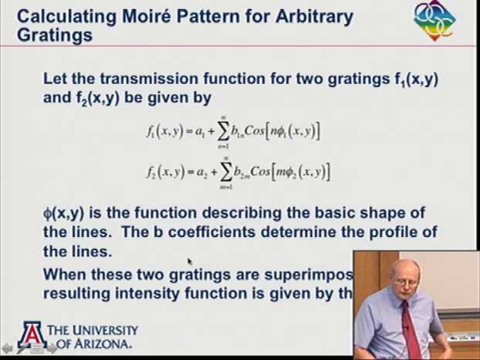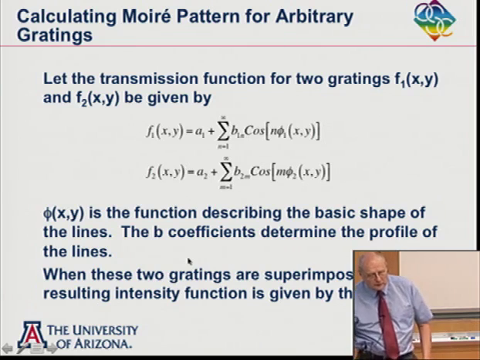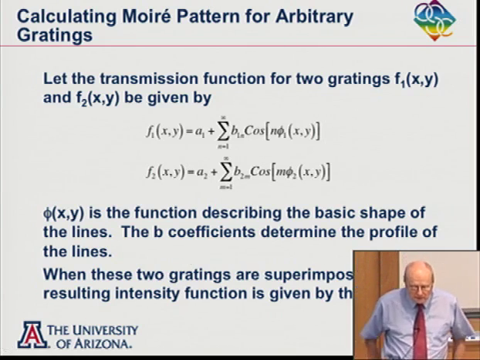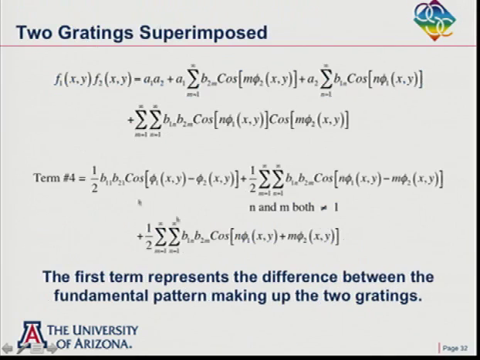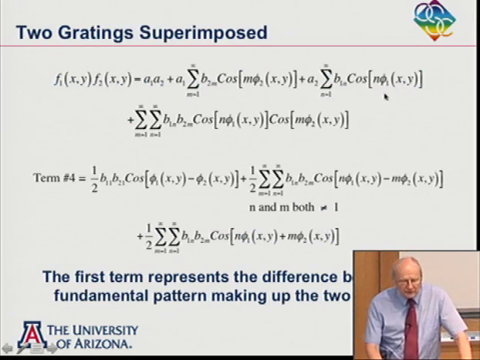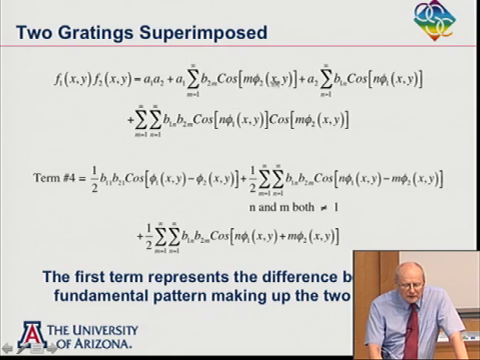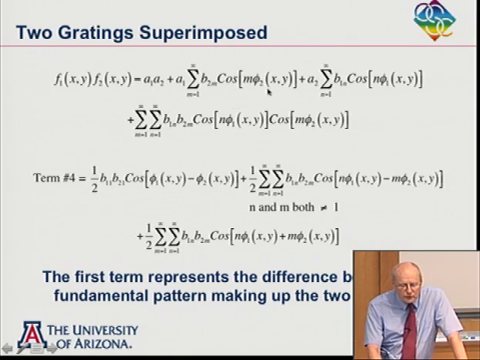And so when we put these two gratings together, we're going to see an intensity function that's given by the product of these two. So we're going to multiply one times the other here, and we're going to get a mess. It looks horrible up here. And so we have a mess of, well, we have the constant terms. We have something that goes as cosine m phi 2.